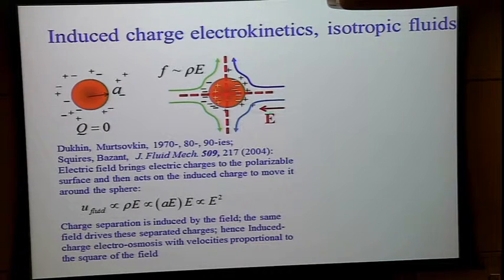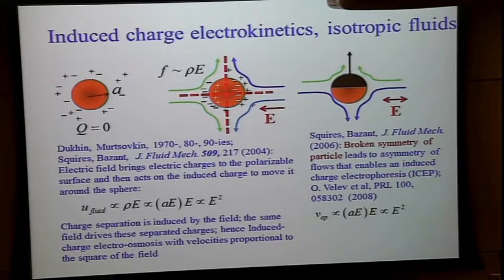Now, this is the electric field that creates the cloud, so the density of the separated charges should be proportional to the acting electric field. But then, if you have the charges separated, there is a Coulomb force that drives these charges around, and this Coulomb force is nothing else but the product of the charge and the electric field. And since the charge was created by the electric field, you would expect the dependency to be quadratic.